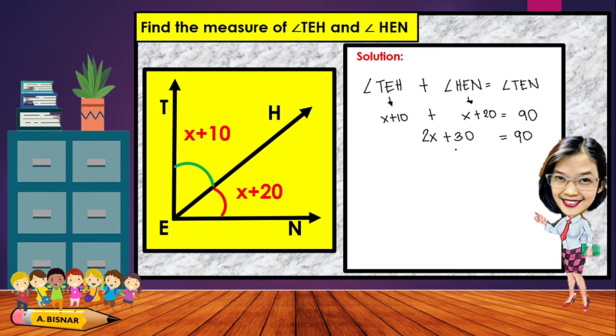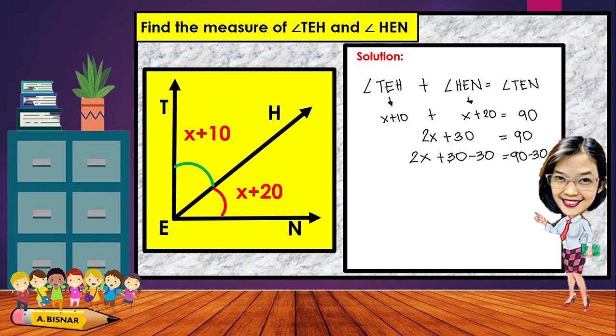So what's next? We have to find the value of x, which means we have to take away or remove 30. From what we have studied about properties of equality, we have to subtract 30 on both sides of the equation. So 2x plus 30 minus 30 is equal to 90 minus 30.